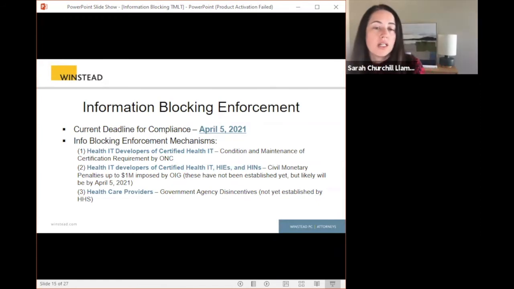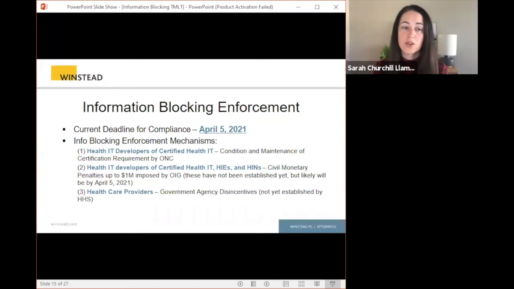Okay, so information blocking enforcement. Right now, the current deadline for compliance is April 5th, 2021. And there are different information blocking enforcement mechanisms that are in place right now. For health IT developers of certified health IT, it is the condition and maintenance of certification requirements through the ONC. For health IT developers and HIEs and HINs, there are going to be civil monetary penalties of up to $1 million imposed by the OIG.